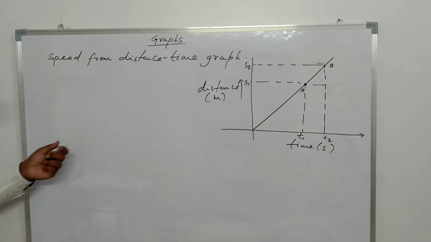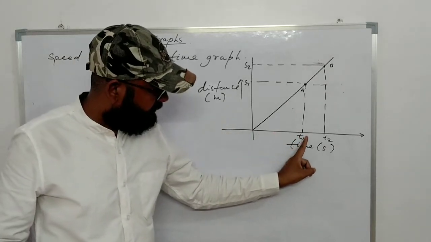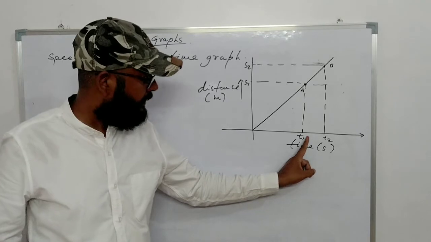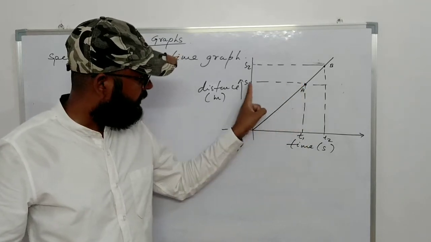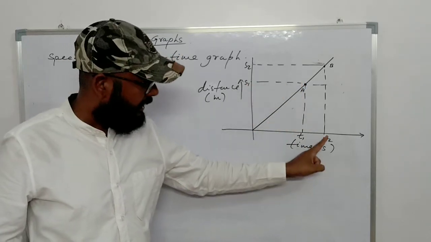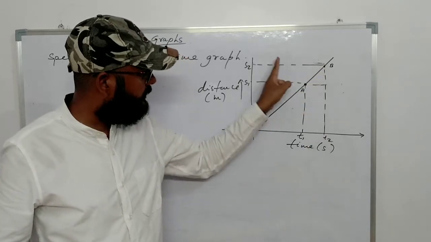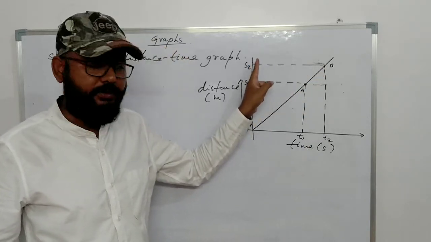Got it? At time t1, where is the object? At s1. At time t2, where is the object? At distance s2.